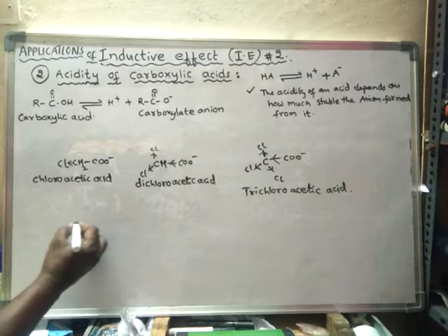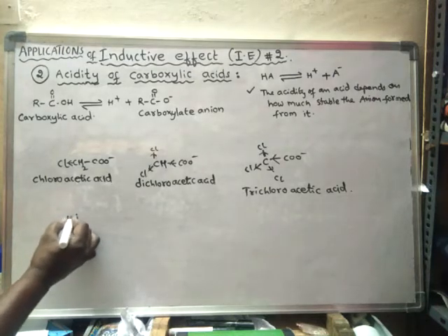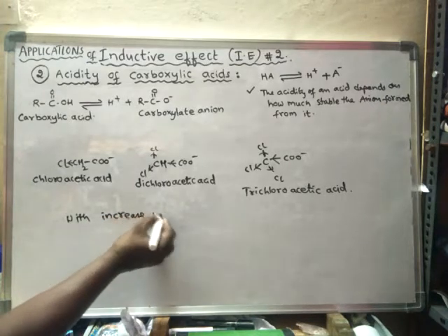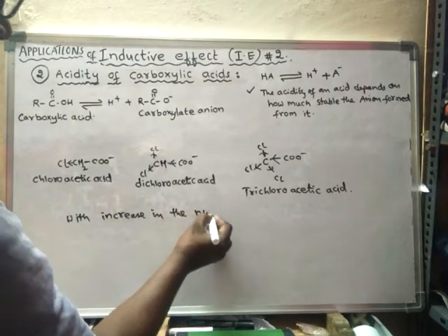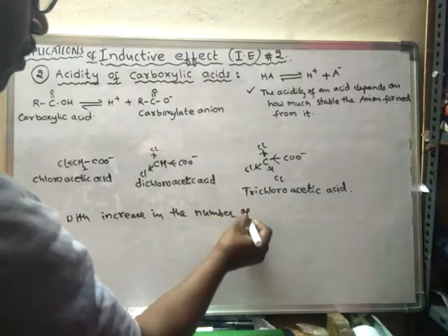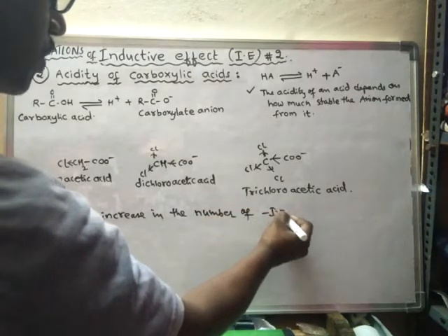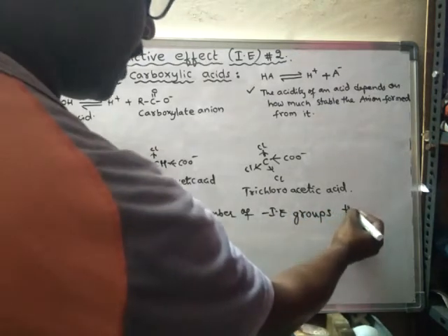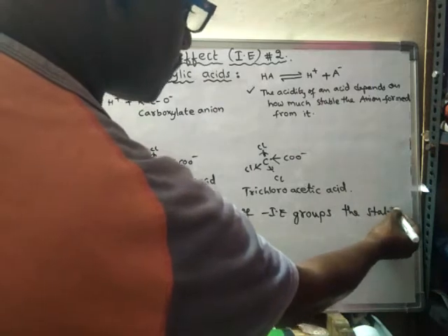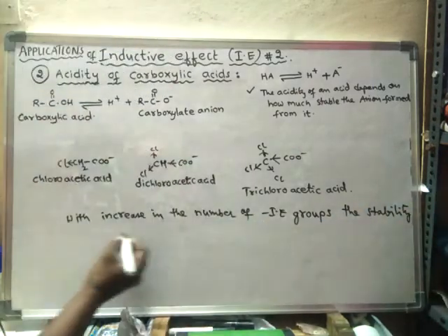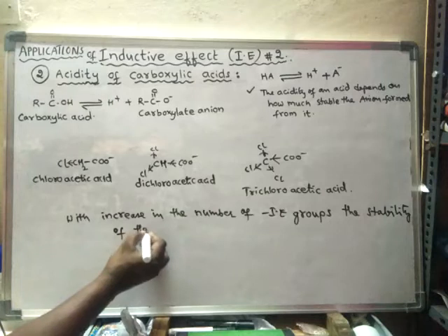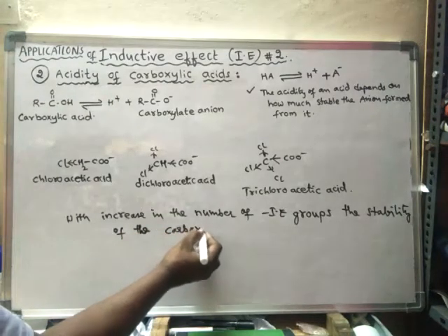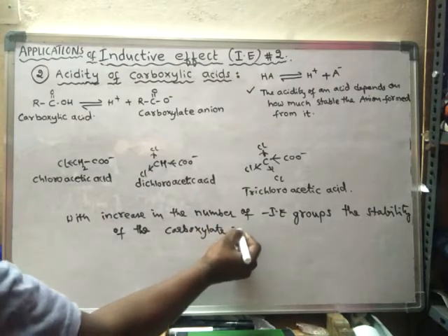With an increase in the number of minus IE groups, the stability of the carboxylate ion increases.